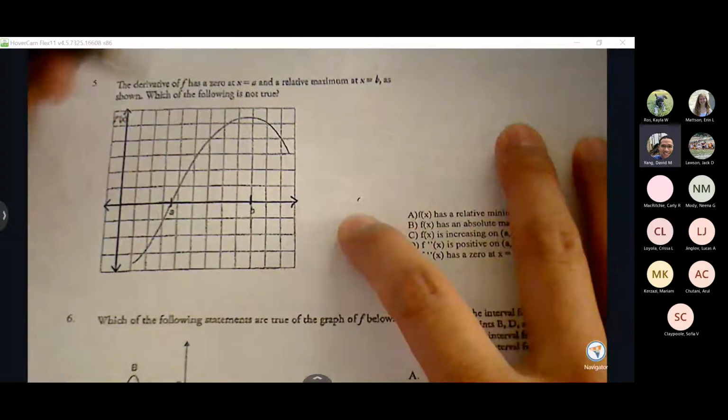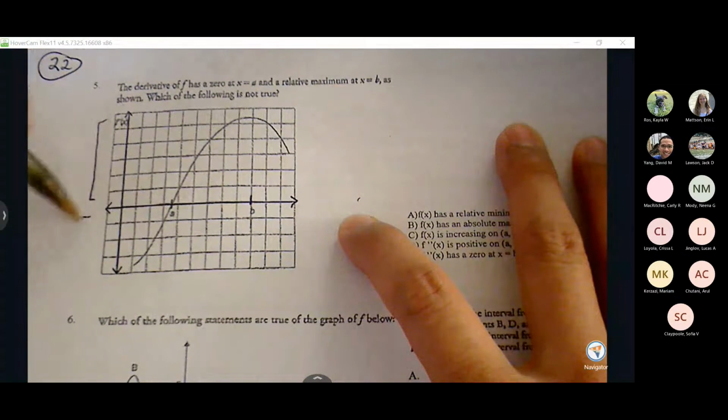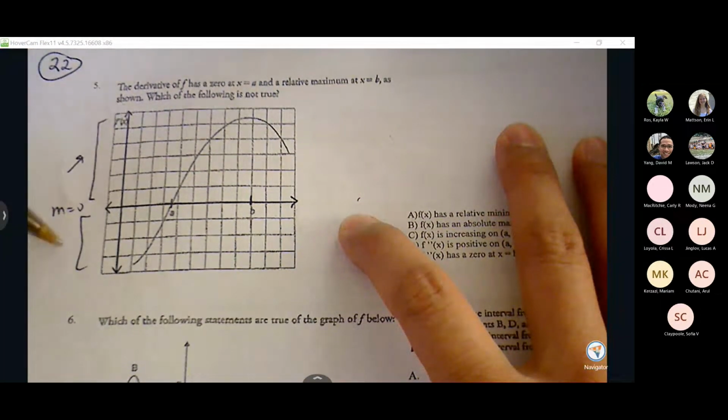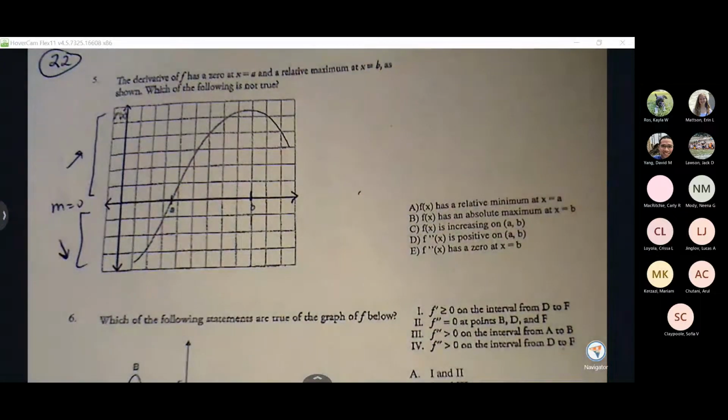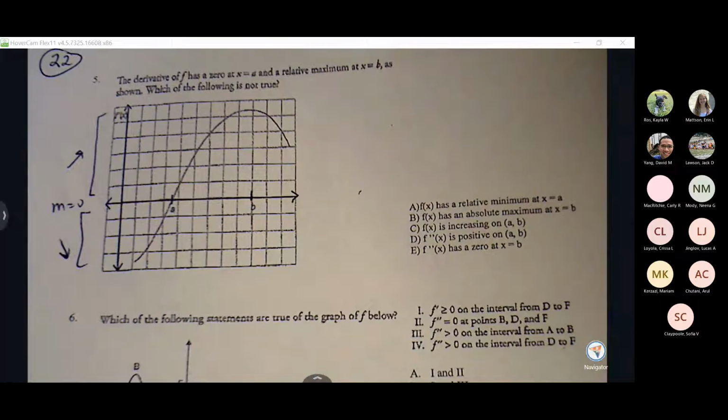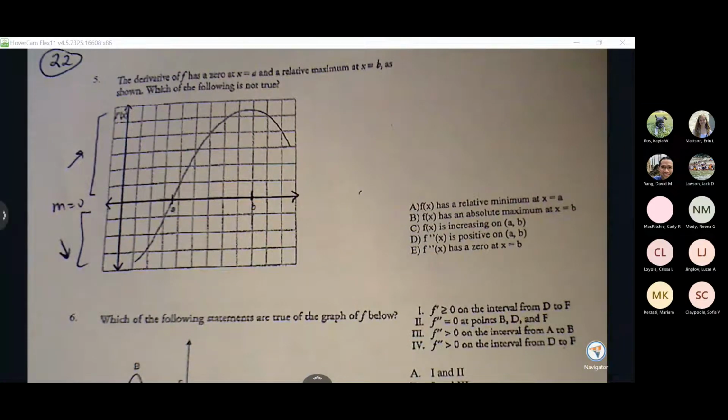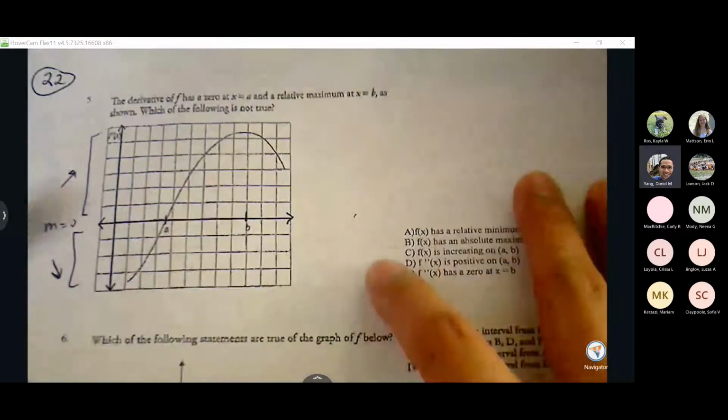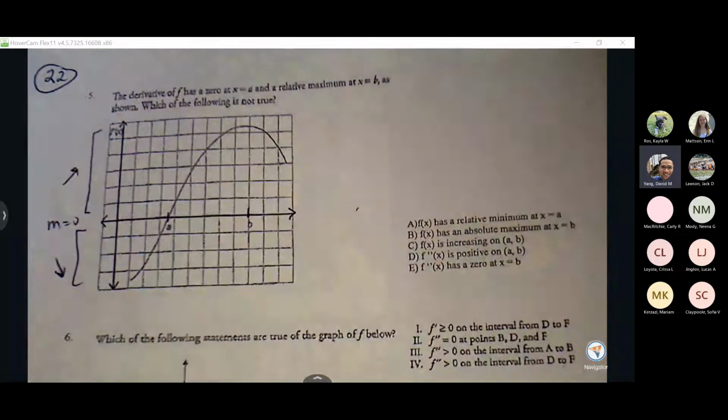Okay, so again, we have a derivative graph. Okay, we know that slope 0 is at A and B. Oh, sorry, my bad.